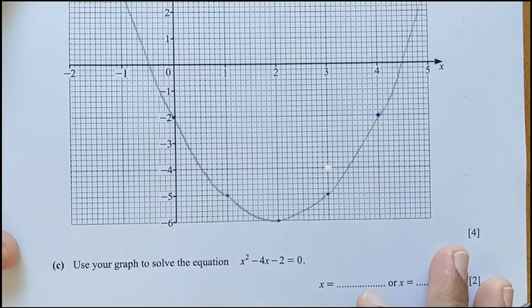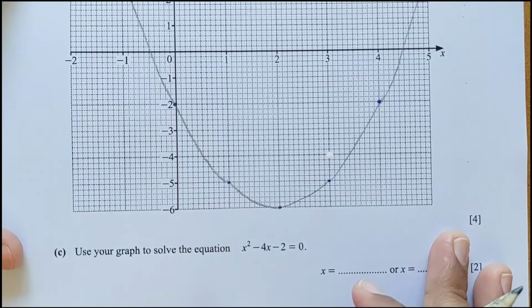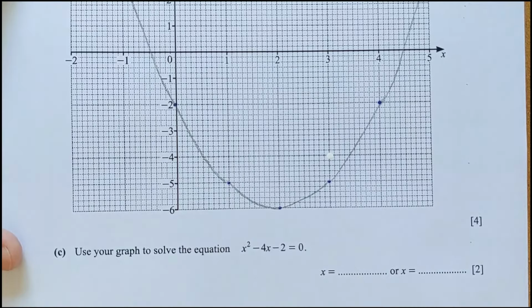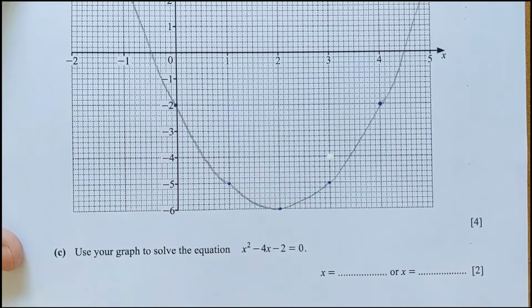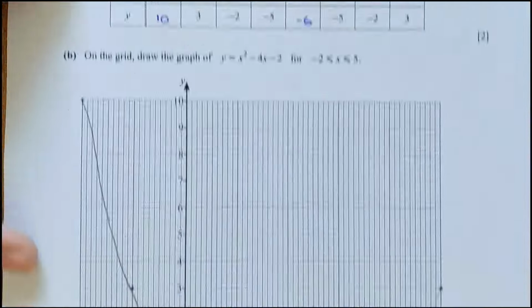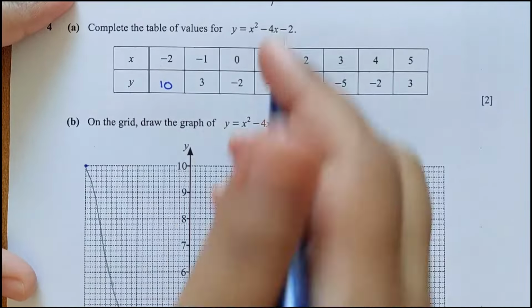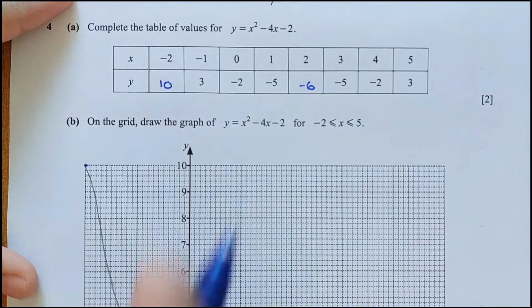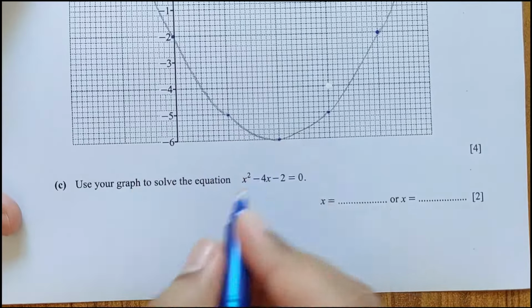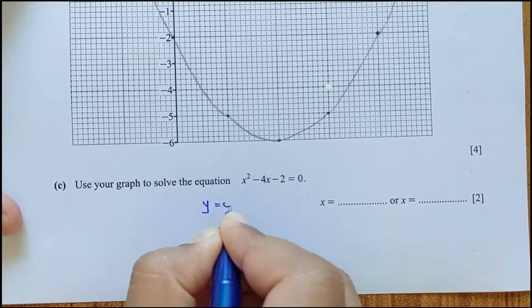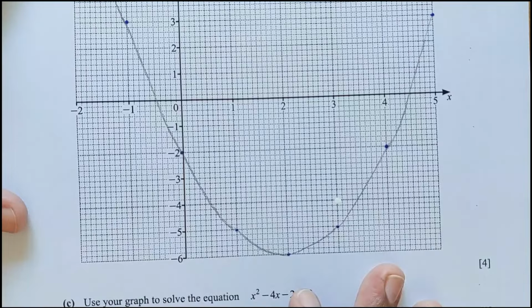Now for part C, use your graph to solve the equation x squared minus 4x minus 2 equals 0. We have been given the equation y equals x squared minus 4x minus 2, so here y equals 0. When y equals 0, we have to find the two solutions.